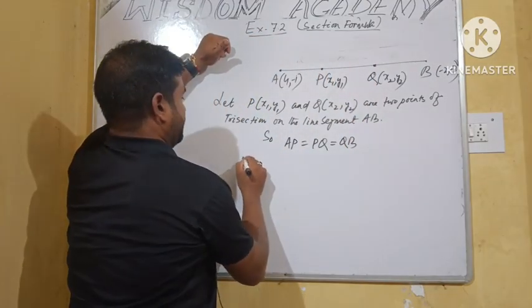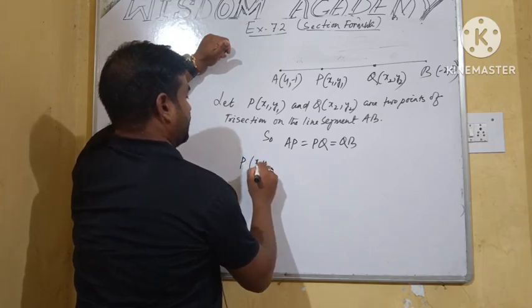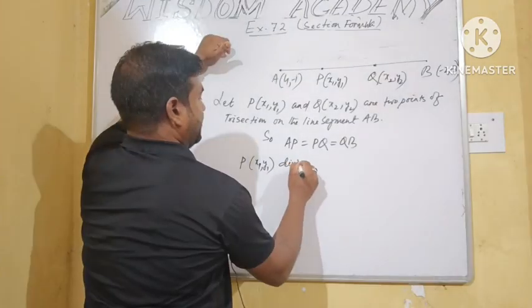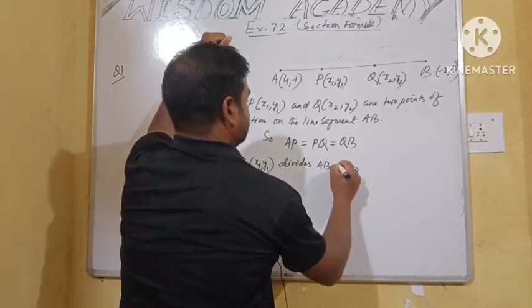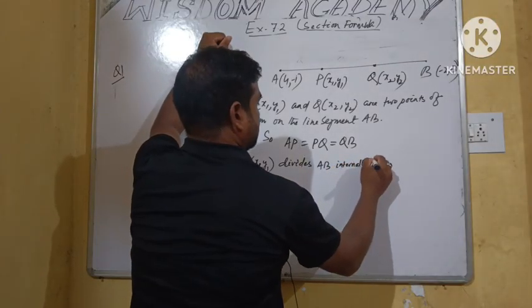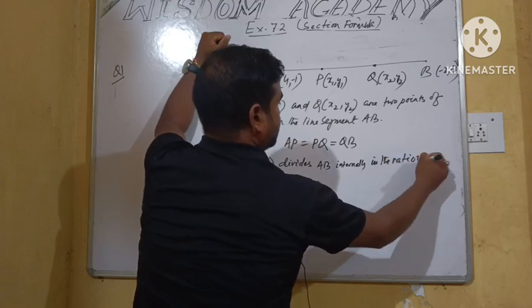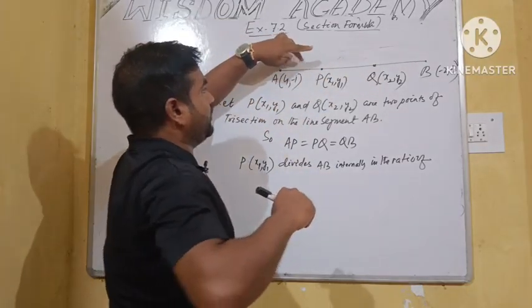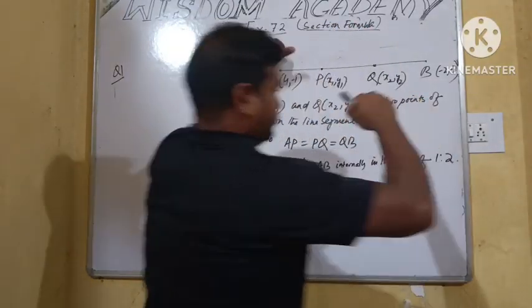Write: P(x1, y1) divides AB internally in the ratio of 1:2.